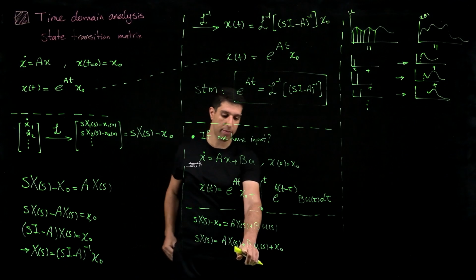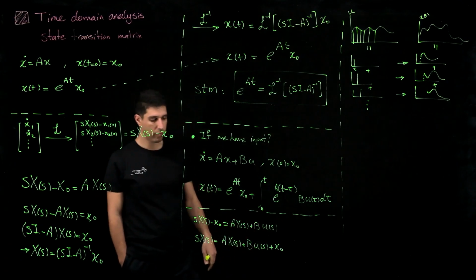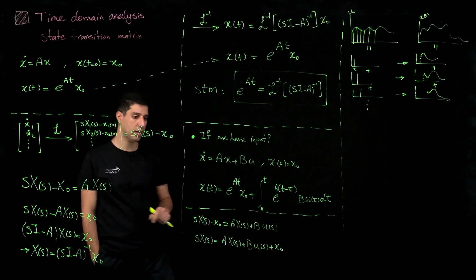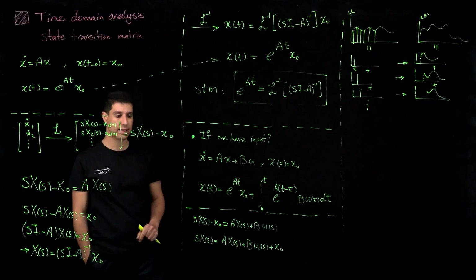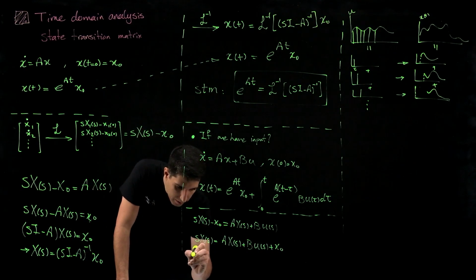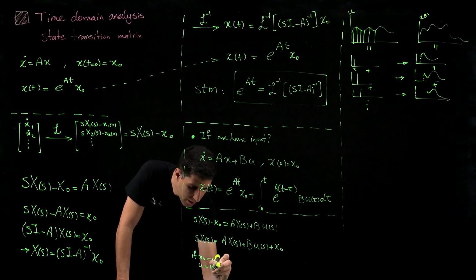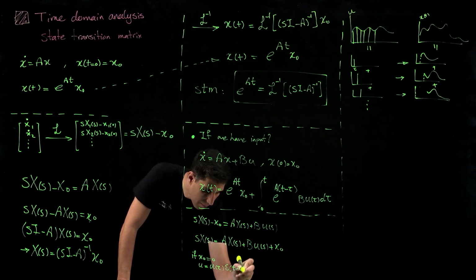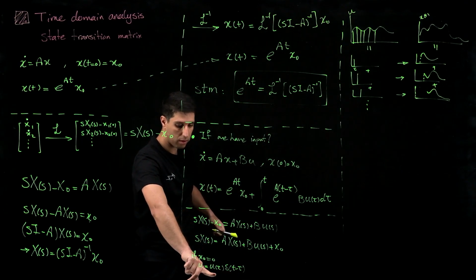But if I have u, and u is an impulsive function, and no x naught, so I'm looking at just an impulse response, it is possible to find an equivalent x naught. So if x naught is 0, but u equals some u of tau delta of t minus tau. So I'm taking the value of u at that point and making it an impulse.